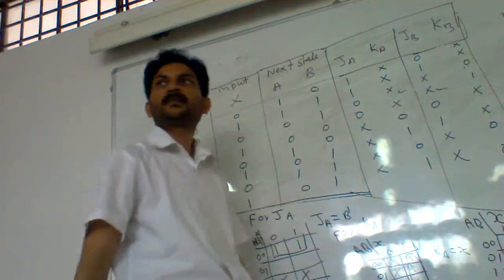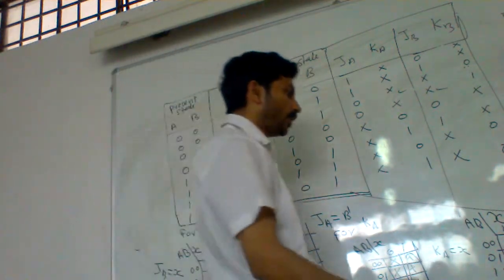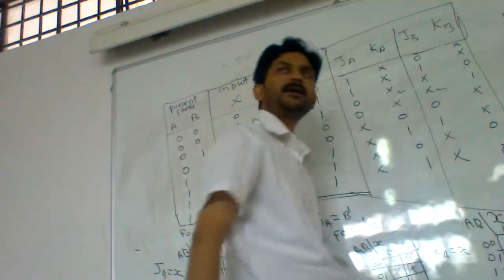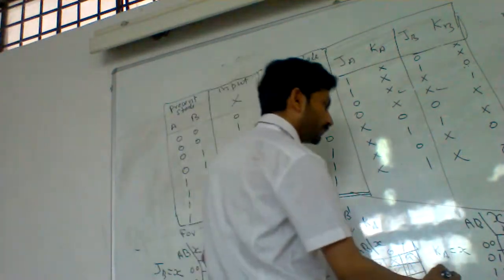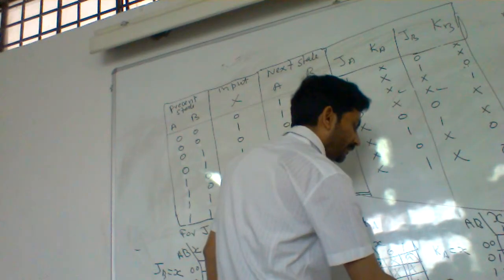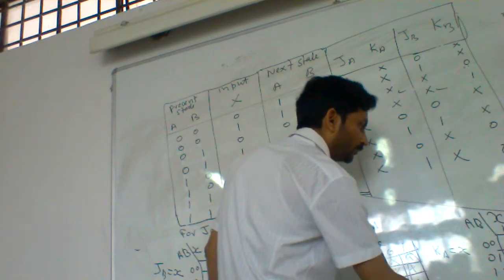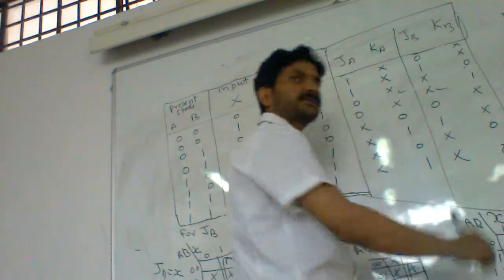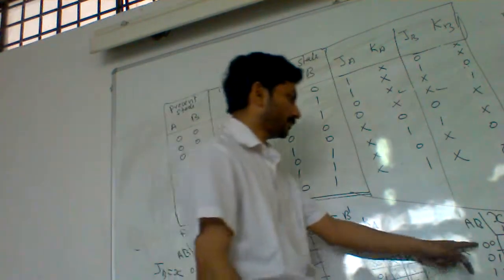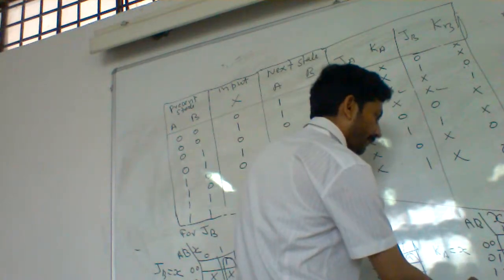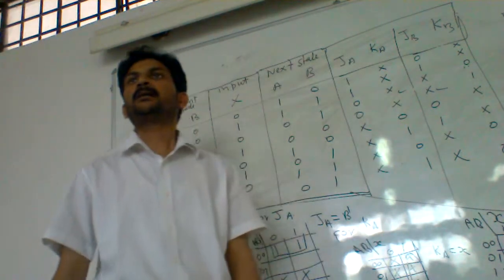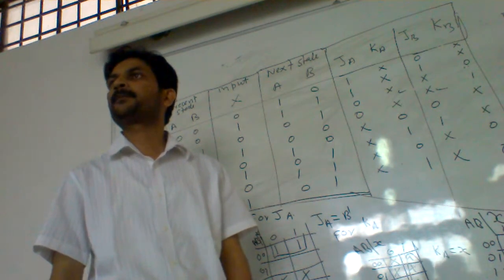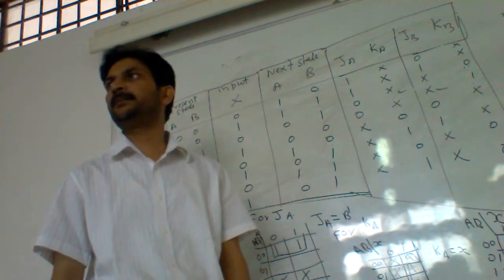Okay. Now clear? How many groups? Only one group of 1s here, at 1 1. So KB is equal to A from here and X from there: A dash X. Now you got the equations for JA, KA, JB and KB.